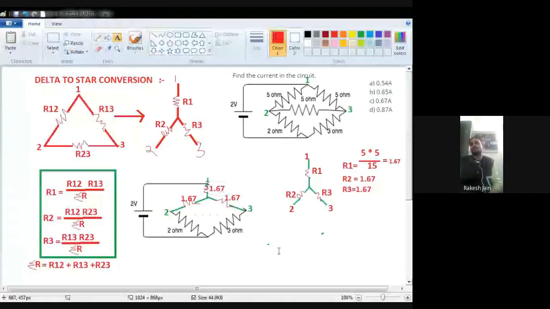So this will be your star, because you have to draw the star connection. This one is the first resistance, this one is the second resistance, and this one is your third resistance. Now the diagram will be changed.